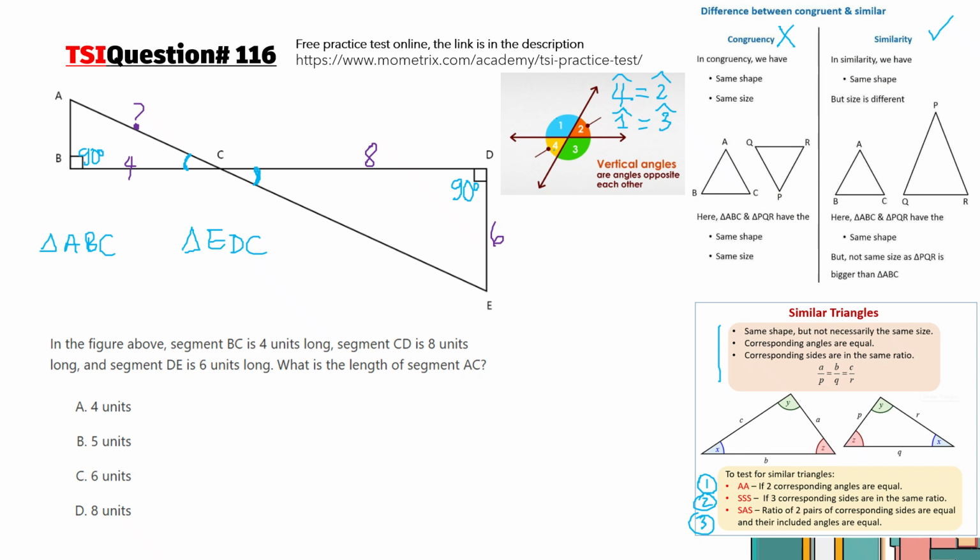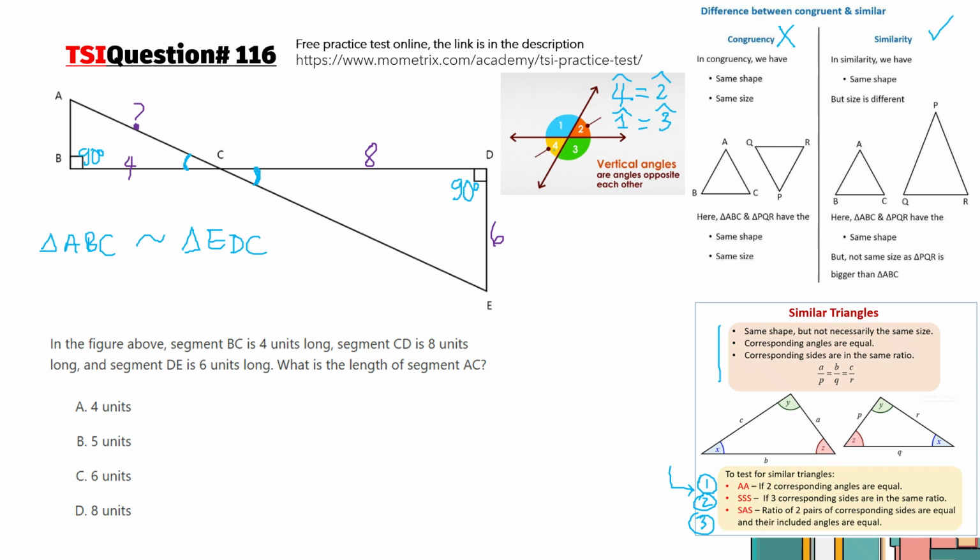Okay, so in this case we can use the first one, the angle case, to say triangle ABC is similar to triangle EDC. We also need to focus on the corresponding angles.